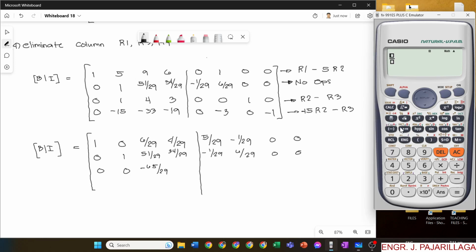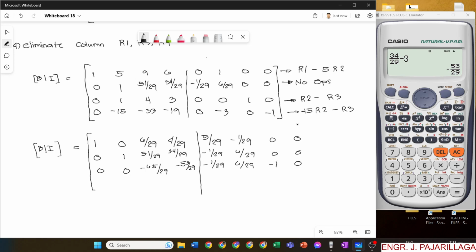And then we have 34 over 29 minus 3. Negative 53 over 29. And then you have negative 1 over 29 minus 0. So, negative 1 over 29. 6 over 29 minus 0 is 6 over 29. And then 0 minus 1 is negative 1. And then we have 0 minus 0 is 0.